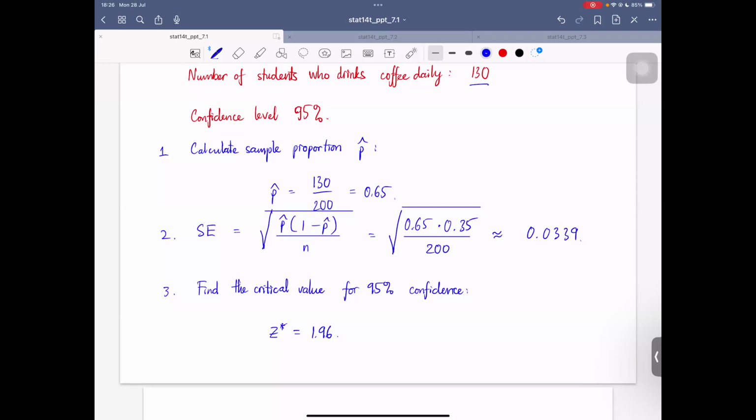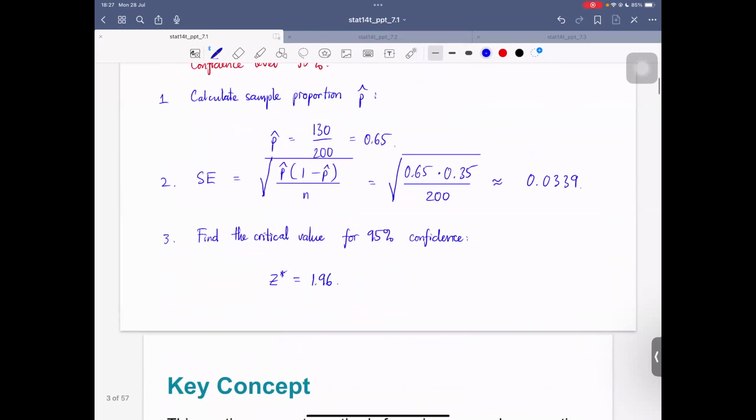The TI-84 calculator can give you the z star, or you can use Excel with some function or Python as well. There are several ways to do it, and let me show you.